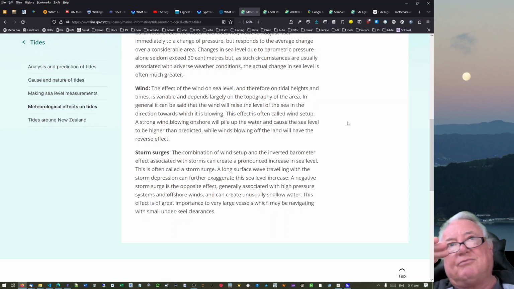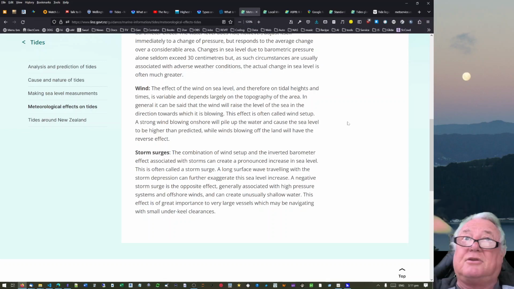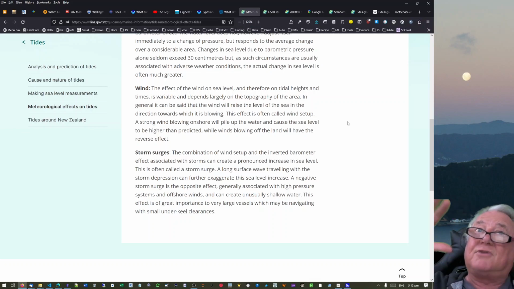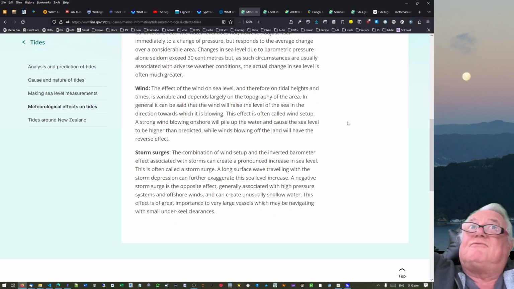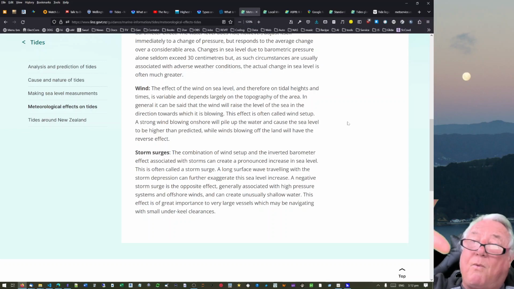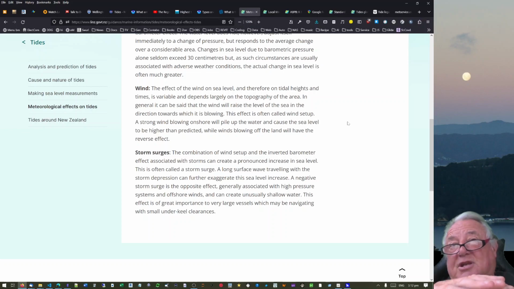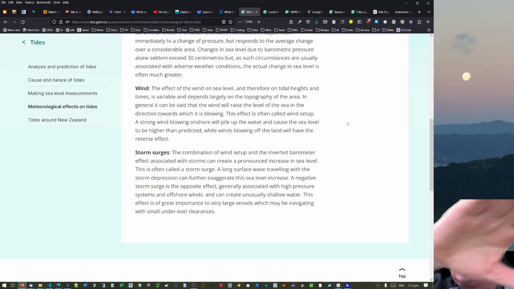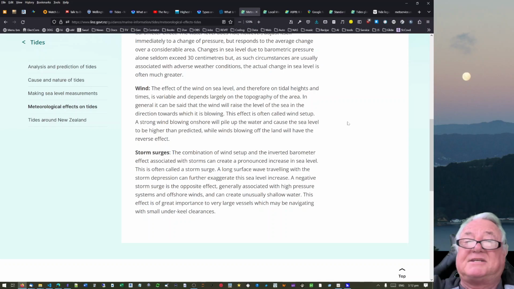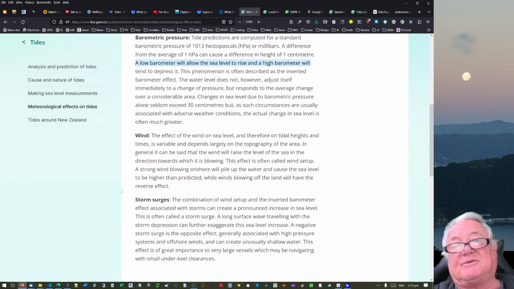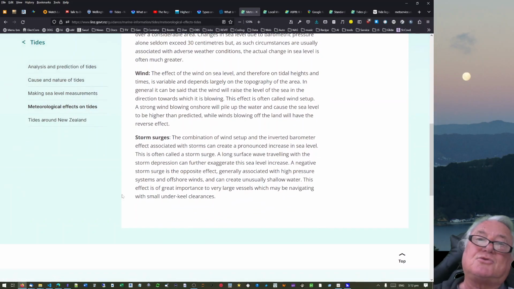Now, depending on the reach, so if there are no obstructions and the wind is steady over a long period of time, that will have a major influence on making bigger and bigger waves. So you need that reach, and you need a certain velocity, and you need it to be reasonably uninterrupted, so not big land masses in the way. So combined with both the barometric pressure and the wind, you can also get these storm surges.